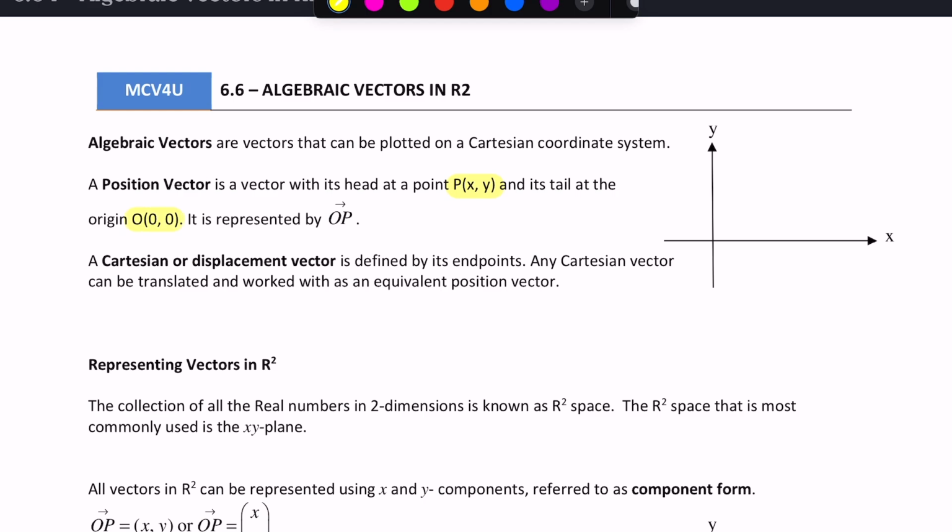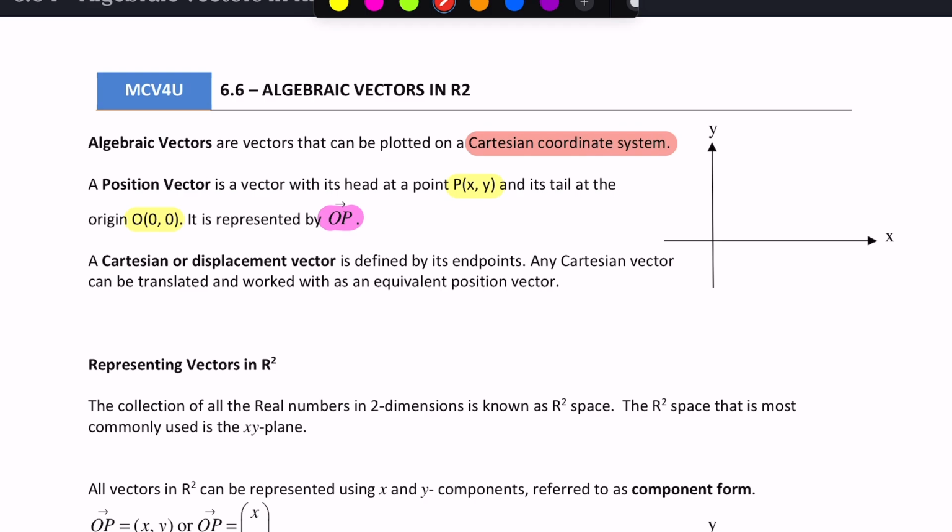It's represented by the vector OP. A Cartesian or displacement vector is defined by its endpoints, and any Cartesian vector can be translated and worked with as an equivalent position vector.